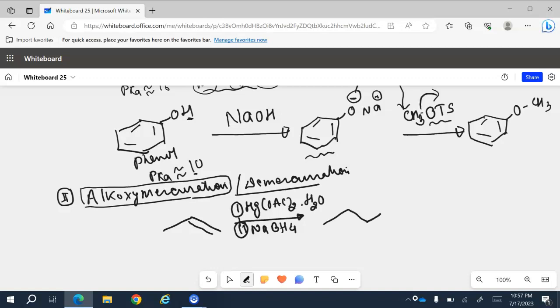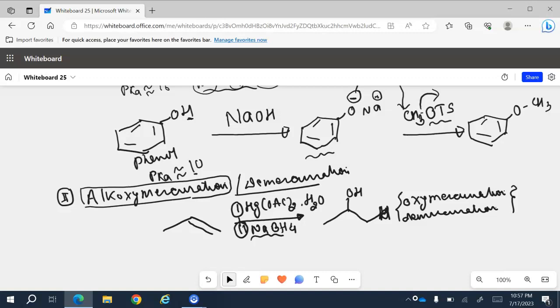And in this case you are adding what? Hydrogen on one carbon and OH on the other carbon. This is called oxymercuration, demercuration. Okay, so sodium borohydride is for demercuration.